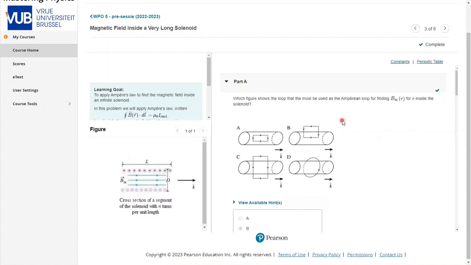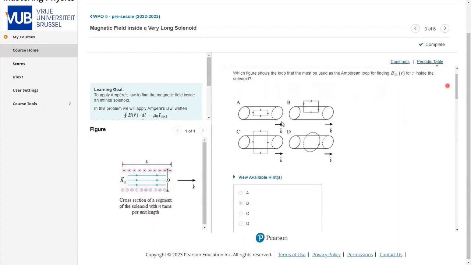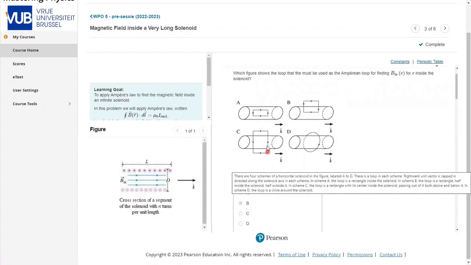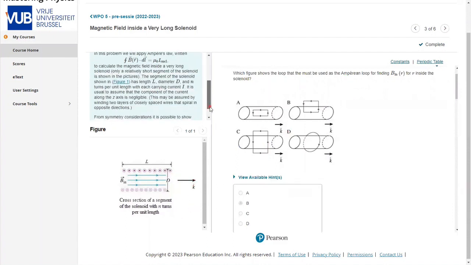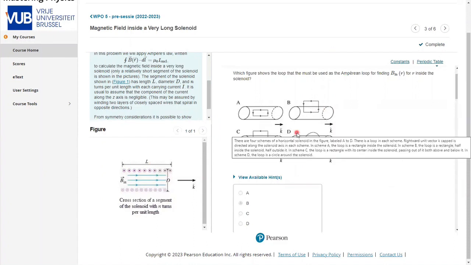Then you have part A. They say which one of these four figures is a good demonstration for this figure. I choose B because I saw this more in my theory, but we will see.